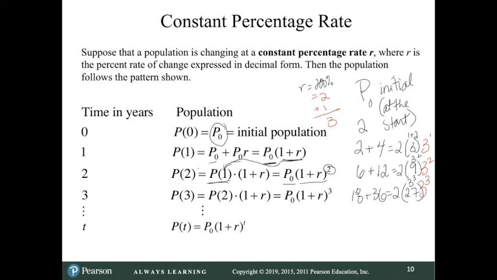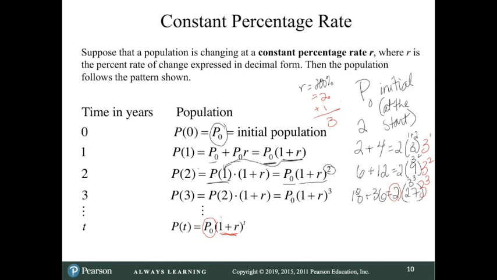And what we end up with is this formula of whatever initial value we started with. So our initial value was 2 times 1 plus our rate as a percent. So 200% as a decimal is 2.00 plus 1 for the initial percentage.